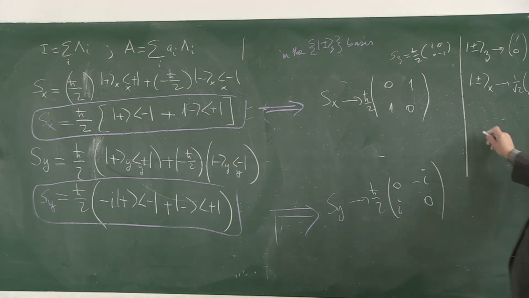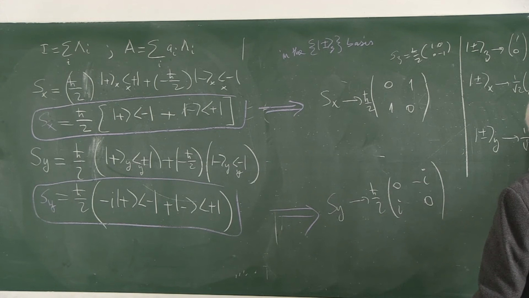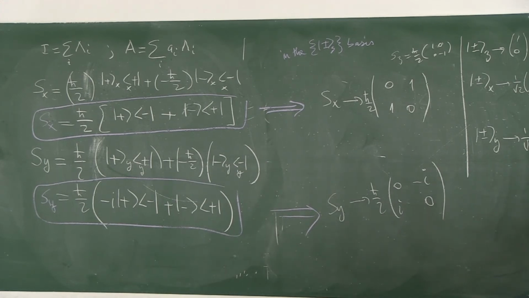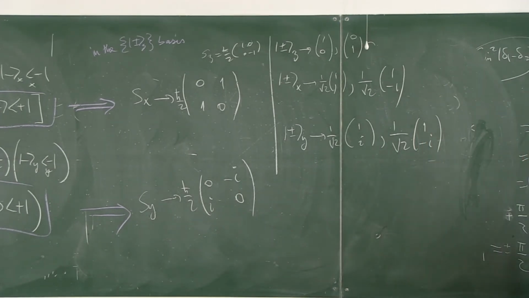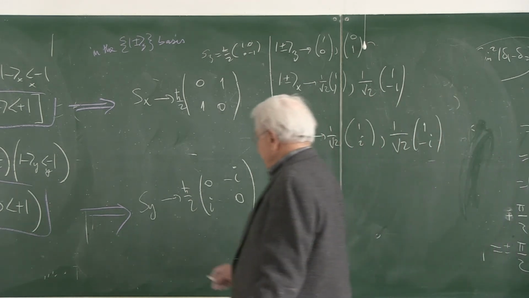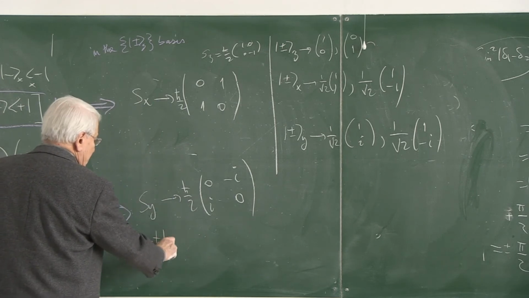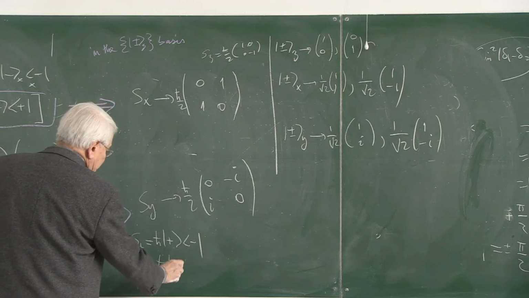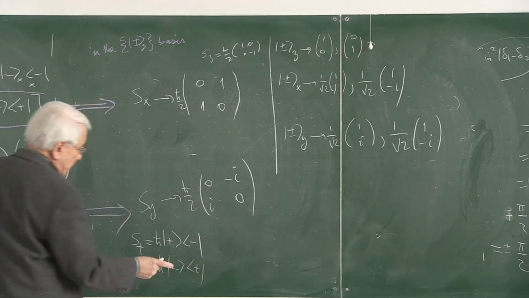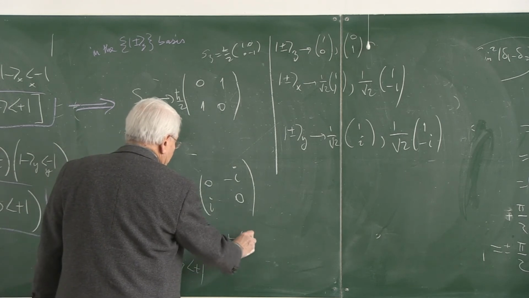And what about the plus minus y? 1 over square root of 2 times 1, i, and 1 over square root of 2 times 1, minus i. Finally, remember we had these strange operators that we defined, which were anti-Hermitian. That's why I call them rather strange. They were introduced, these are anti-Hermitian, and we had the following matrix representation for these before.